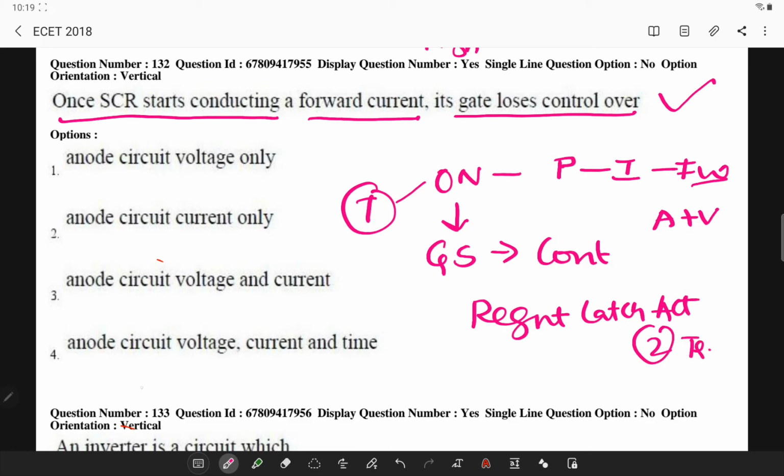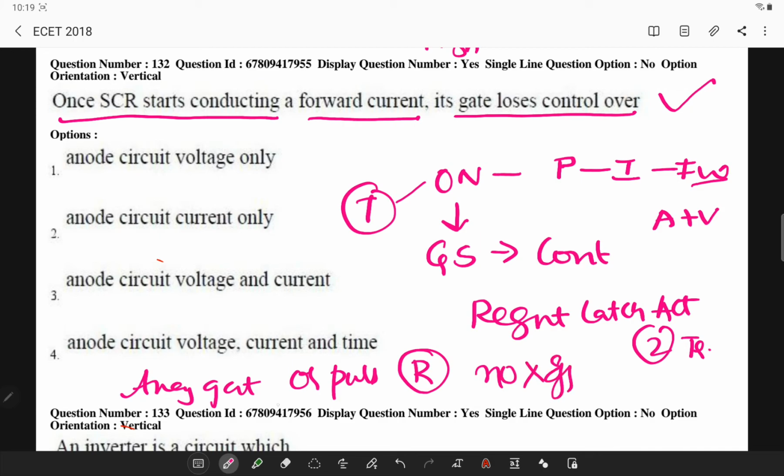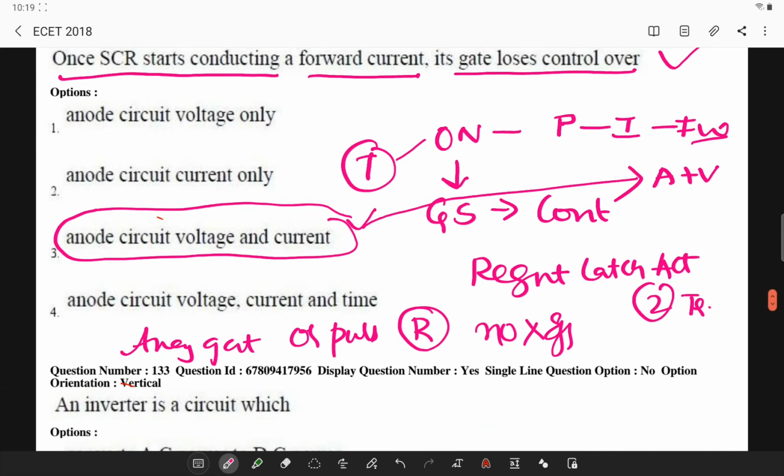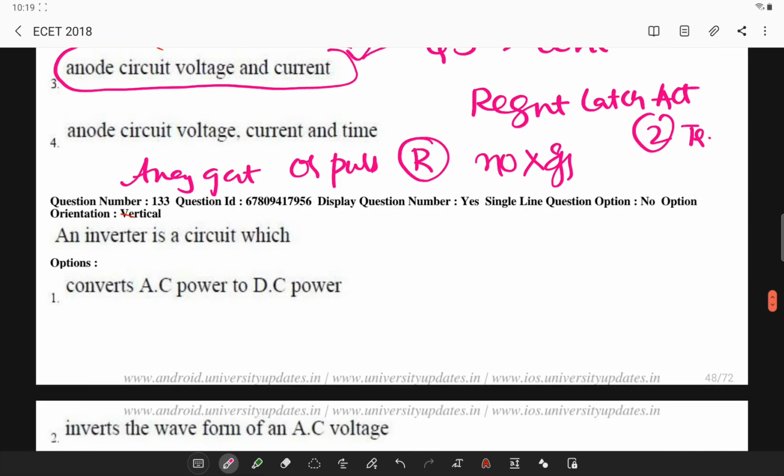The application of any gate signal or pulses after the regeneration has initiated will have no effect at all, as the thyristor is conducting fully on. So once the SCR starts conducting, it loses control over the anode circuit voltage and current.